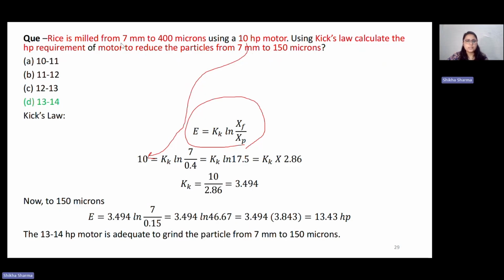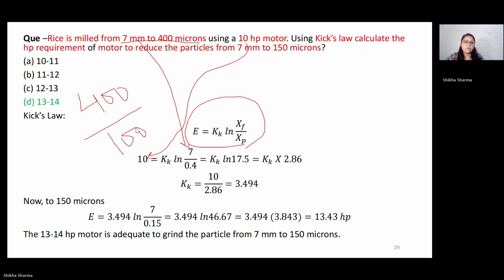So the particle size is reduced from 7 mm to 400 microns. Here it would be 7 mm divided by 400 microns. If we convert microns to mm, it would be 400 divided by 1000, right? It would be 0.4.